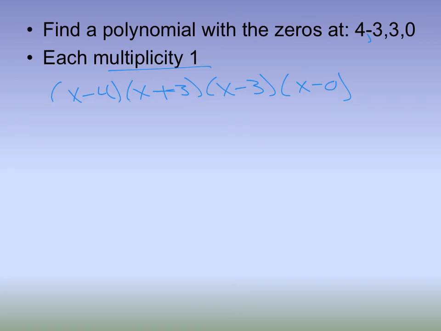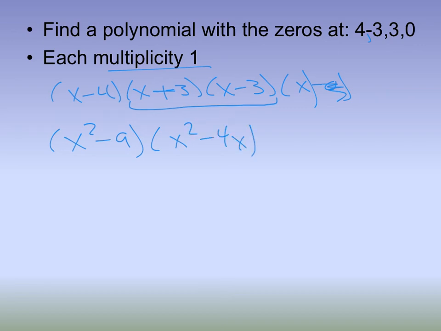I'm going to start by multiplying x plus 3 and x minus 3 together because that's the difference of squares. And I end up getting x squared minus 9. And then if I multiply my x and my x minus 4 together, then we get x squared minus 4x.